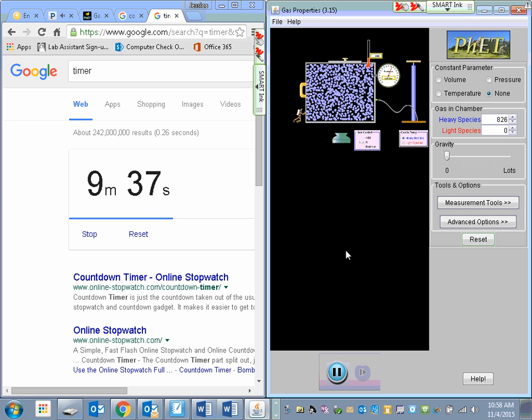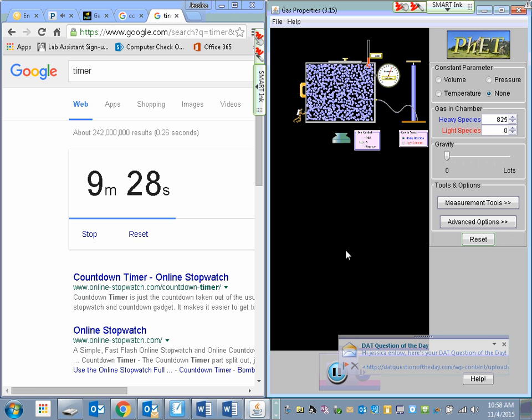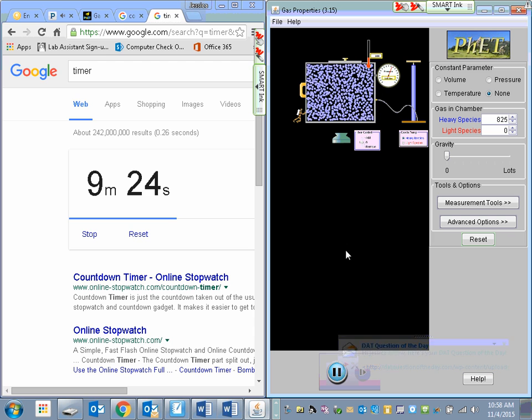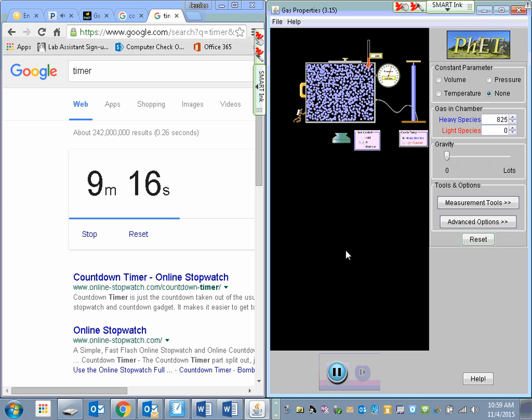So lower volume, higher pressure. So, will they be closer? Yeah, they'd be closer. And the high volume guys.